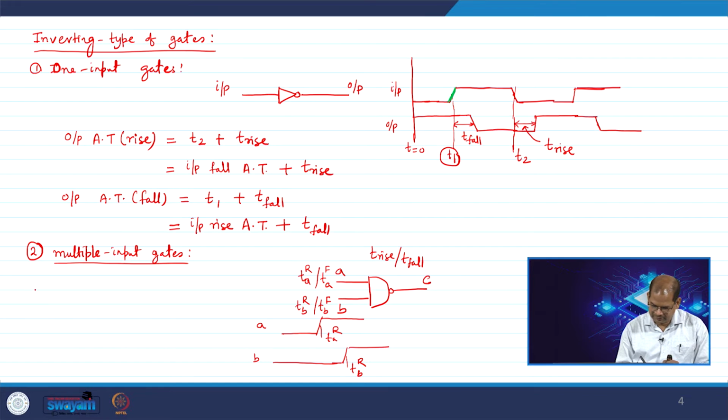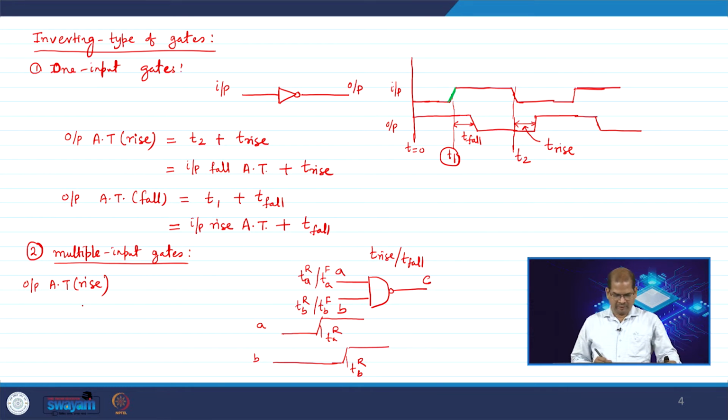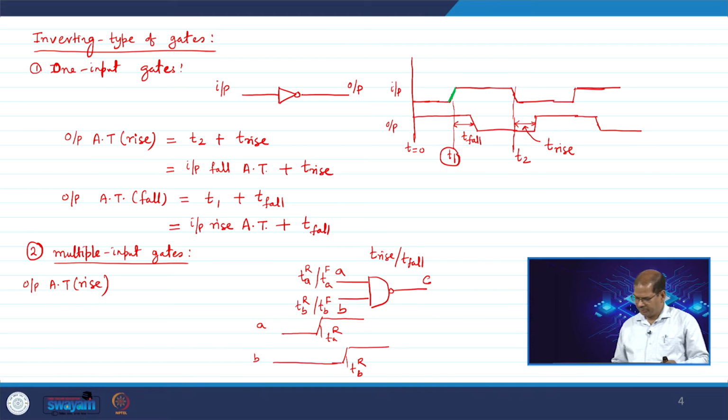So, basically your output arrival time, rise or fall, whatever you can say, that will be the max of T A rise comma T B rise.